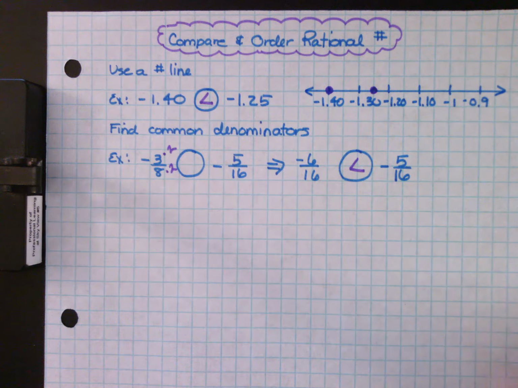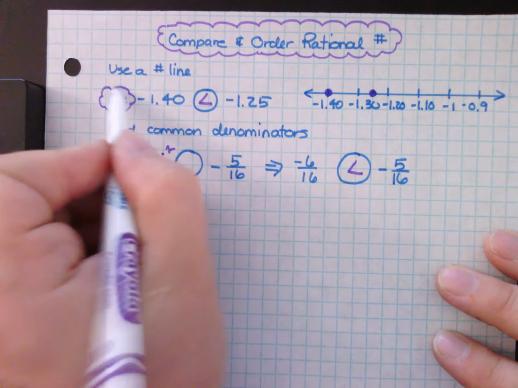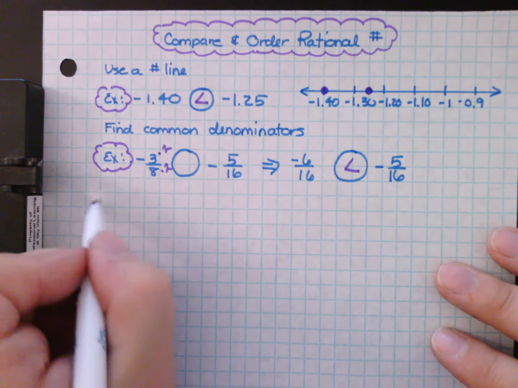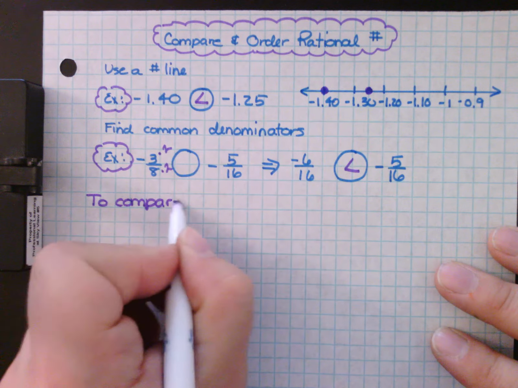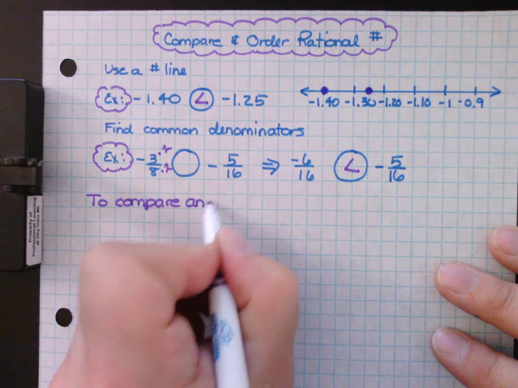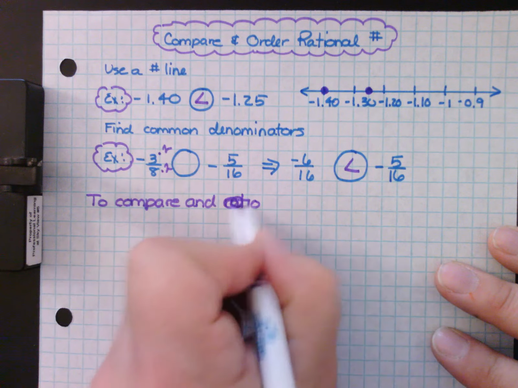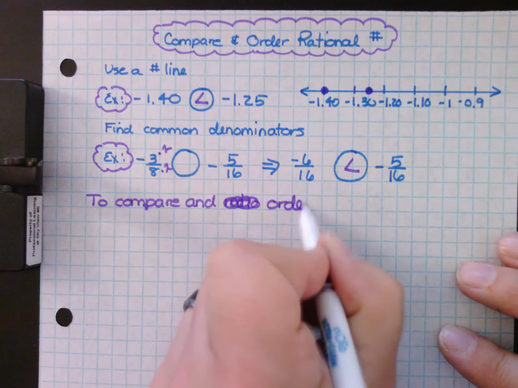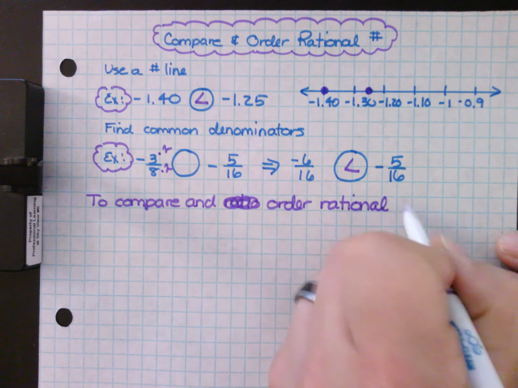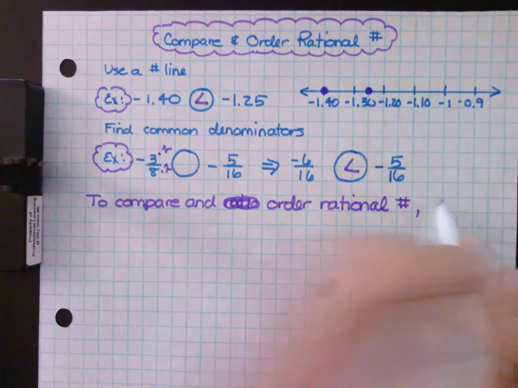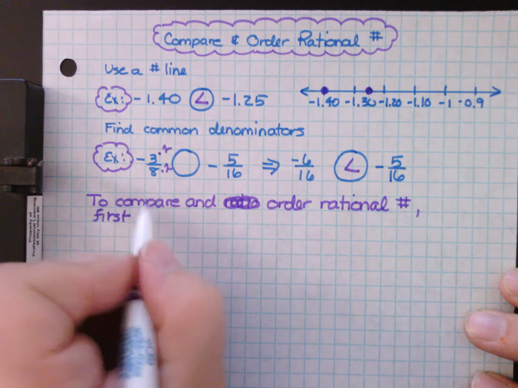Finally, the last comment to make here is that to compare and order rational numbers, it's easier to first write them in the same form.